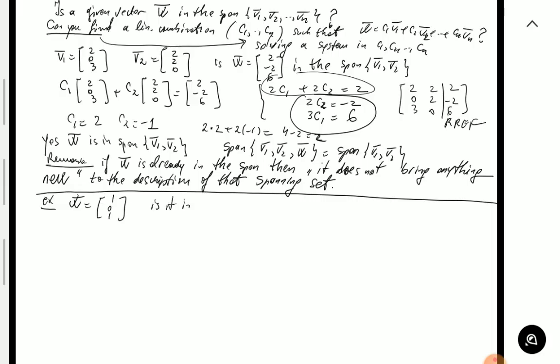Is it in the span or not? Well, let's establish, just like before, our system of equations to find C1 and C2.